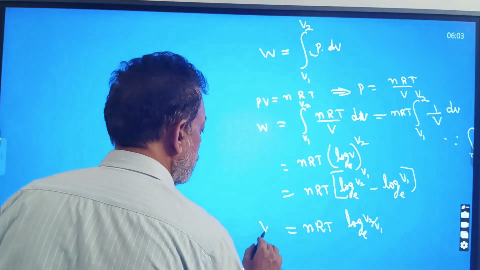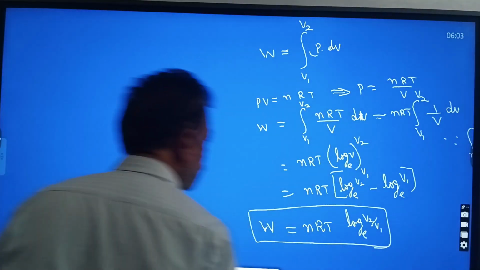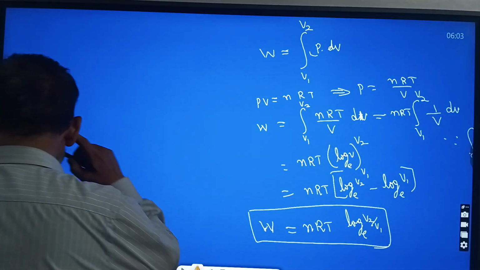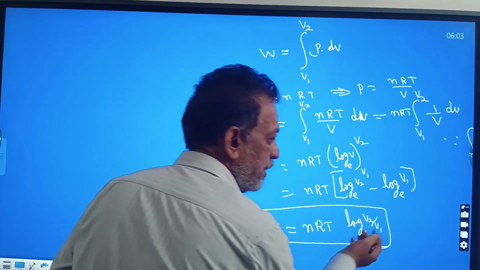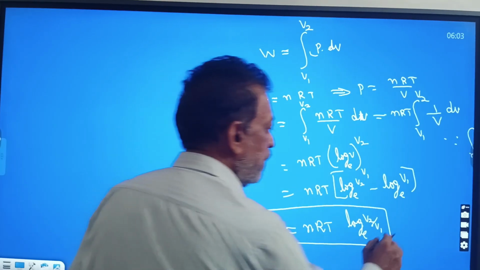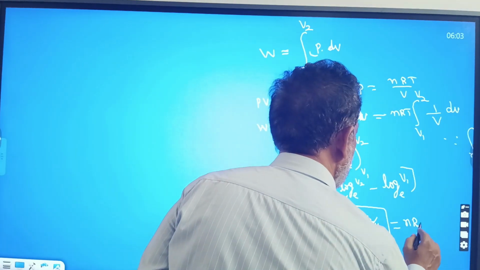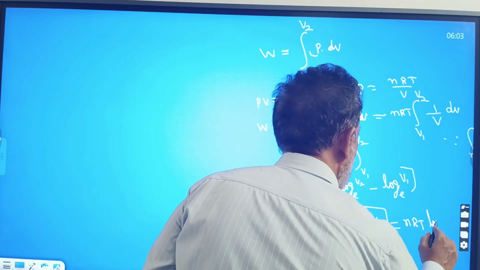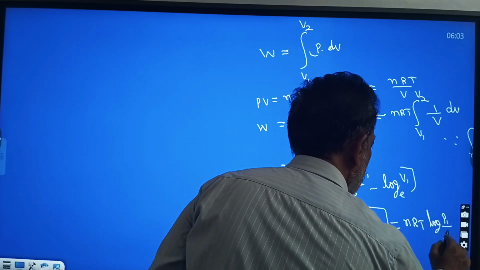W. So now we can write it in another form. Pressure and volume are inversely proportional. So in terms of pressure, W is nRT into log, and in place of V2 I can put P1 and in place of V1 I can put P2.